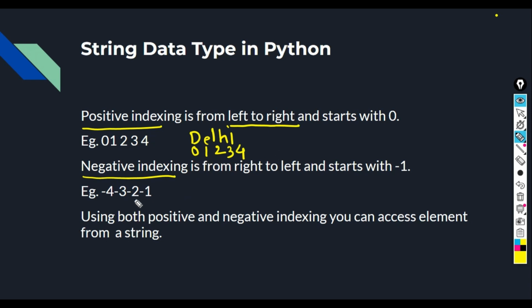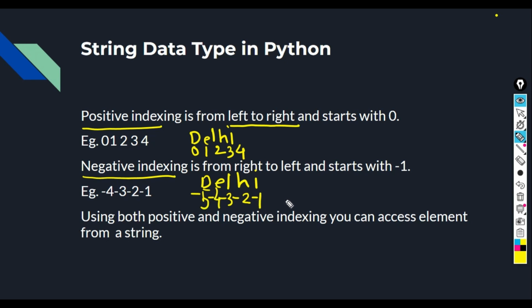Then negative indexing is there. Negative indexing is from right to left, and it starts with -1. For example, this is our string Delhi, and if I want to give negative indexes, the first one is -1, starting from the right. Next is -2, -3, -4, and -5, right?